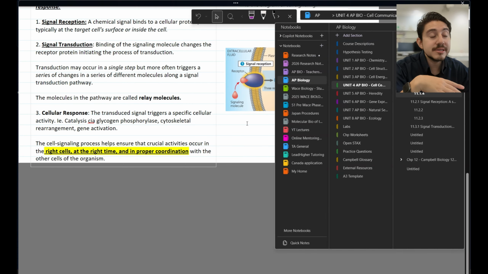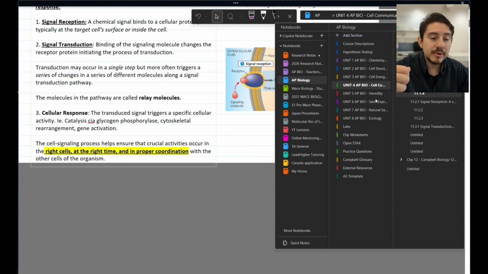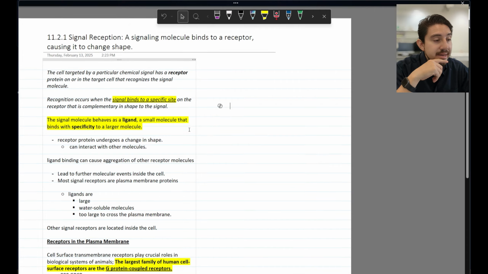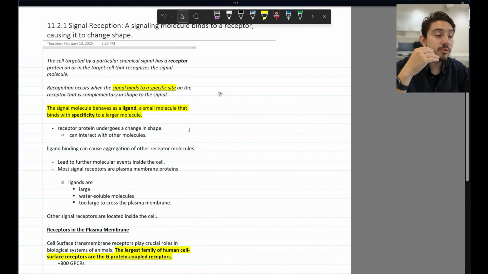So it's quite interesting how this works. Okay, so the following sections just talk about each of these stages in more detail. We're going to take a look now at signal reception. So this is section 11.2. A signaling molecule binds to a receptor, causing it to change shape. Okay.